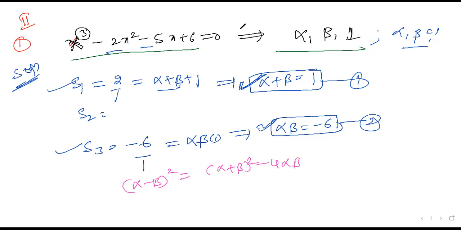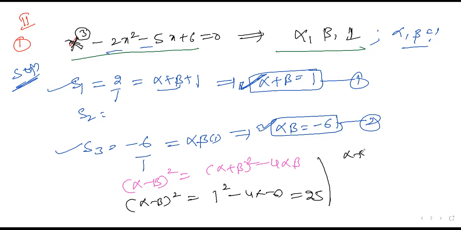Please substitute the answer here. Alpha minus beta whole square I require. From this, alpha plus beta is 1, square, minus 4 into minus 6. 4 6s are 24, minus into minus is plus 24, answer is 25. So alpha minus beta whole square is equal to 25.